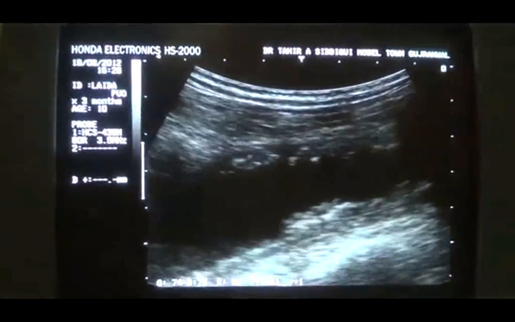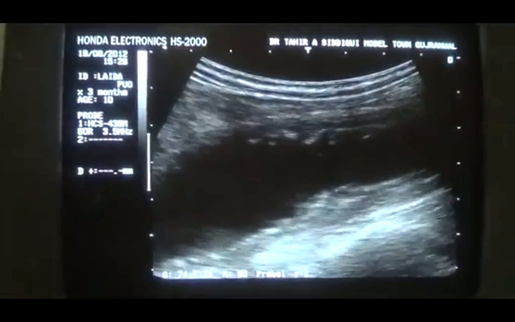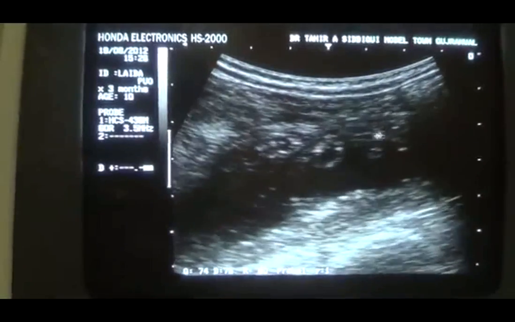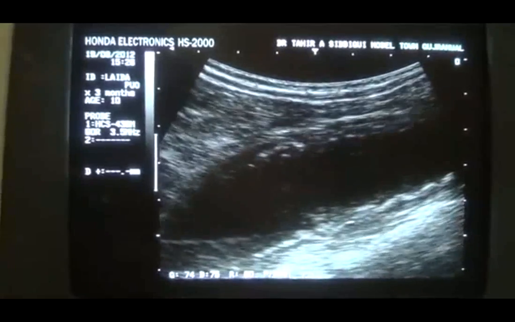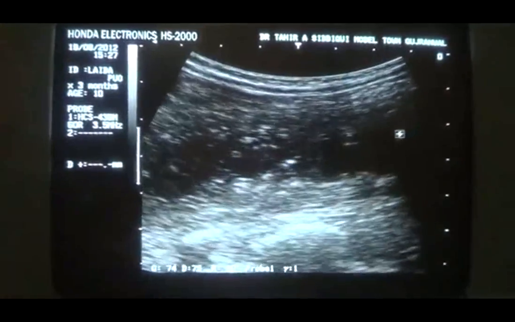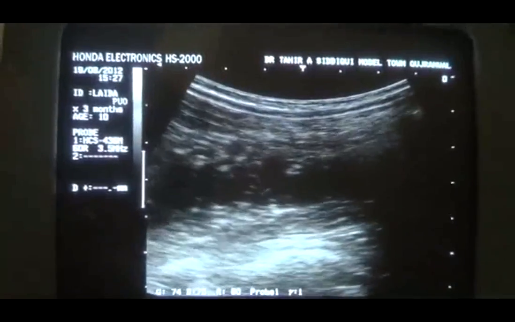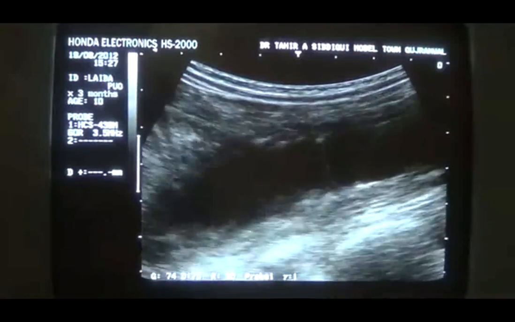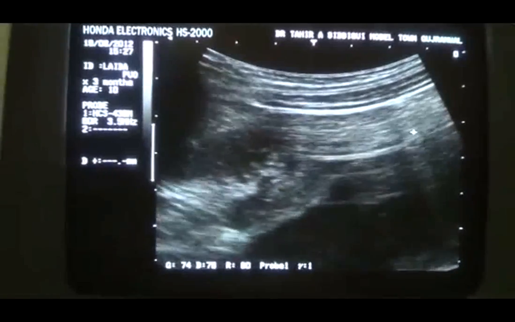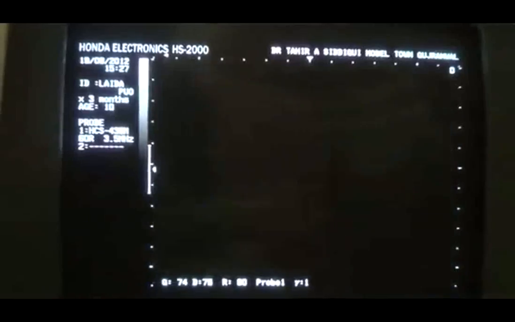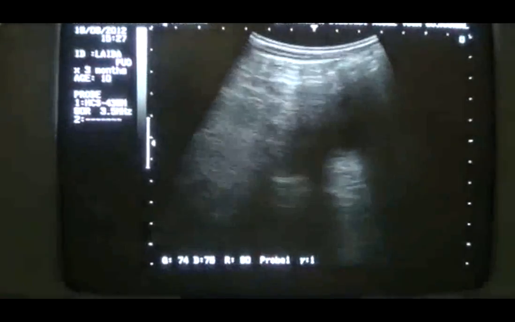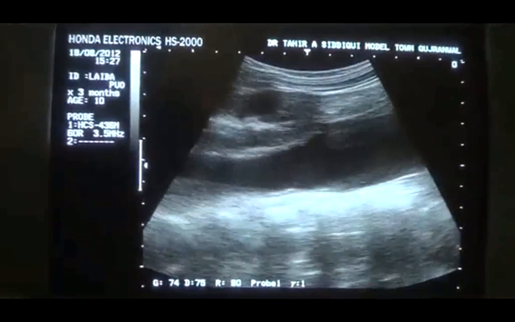And see that there are multiple, numerous echogenicities within the anterior and posterior wall of this cystic area. So this cystic area, being an abscess, has in fact gone sterile, because she has been taking heavy antibiotics for the last 3 months.